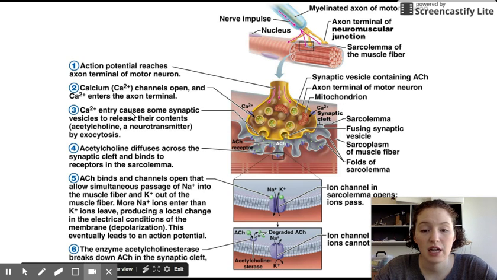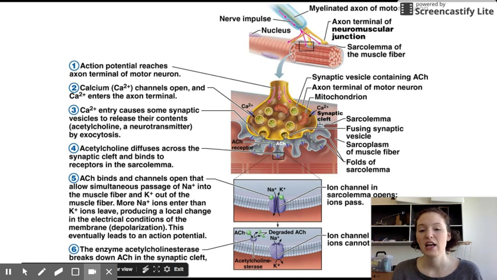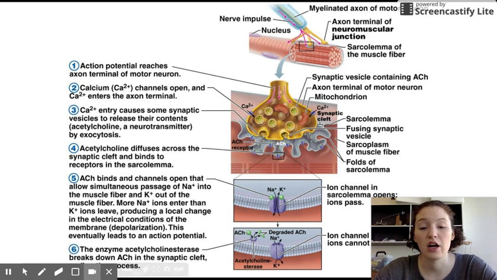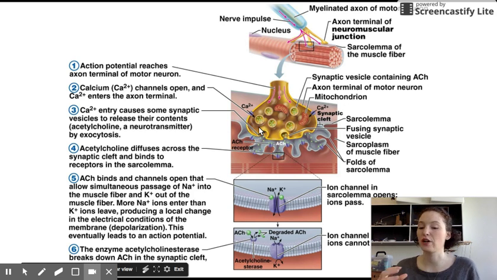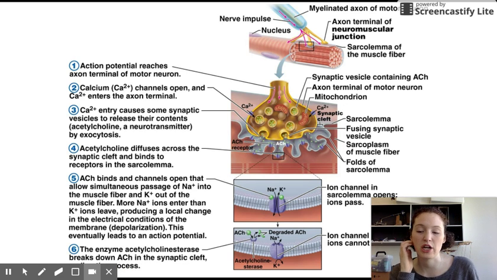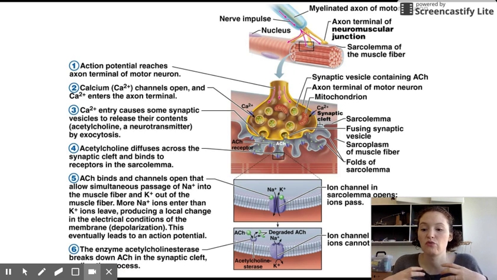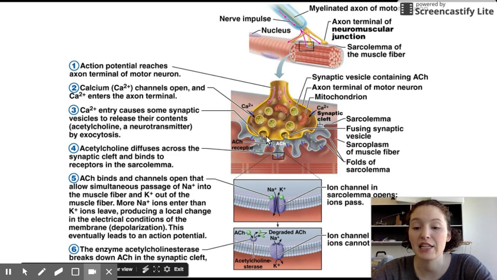Calcium enters and it causes some synaptic vesicles to release their contents. At the end here we have these vesicles, remember those like shipment containers that are holding acetylcholine, which is a neurotransmitter. And we don't want them to trickle out through small channels one at a time. We want them to release the signal all at once. So we release that via exocytosis.